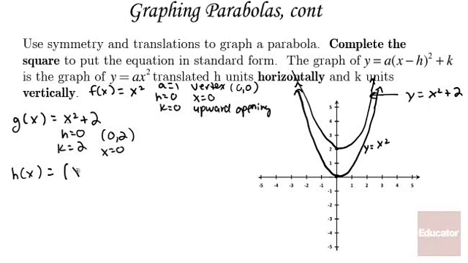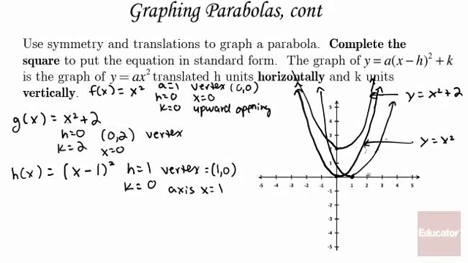Therefore, the vertex, and this is the vertex right here, equals 1, 0. And the axis of symmetry is going to be at x equals 1. So this is going to be shifted to the right. So I'm going to have a graph, I'm going to move this out of the way, like this. So this one is y equals x squared, and this is y equals x minus 1 squared.